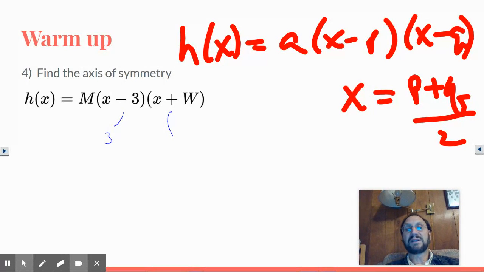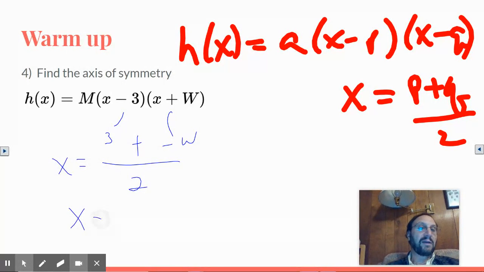And x plus w is equal to x minus q. So the q value is the opposite of w. Add them together and divide by 2, and that's our answer. On the poll that I did today, I wrote this as the answer because it's the same thing. Adding the opposite of w is the same as subtracting w.